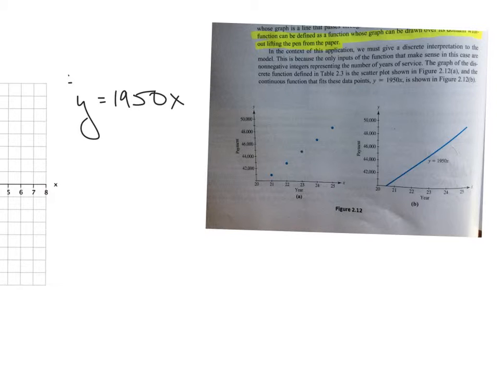Okay, a continuous function is one that can be drawn over its domain. Domain is this way. So it can be drawn starting here all the way up to here to where you stop without lifting your pencil off the paper. Okay, that makes it continuous. This one's discrete because we put a dot, lift our pencil, dot, lift our pencil. So each one of these we're lifting our pencil to do.